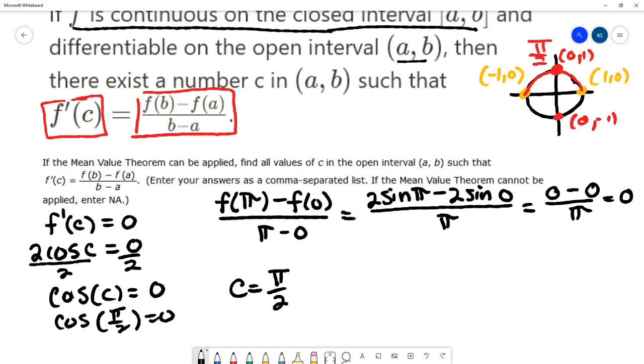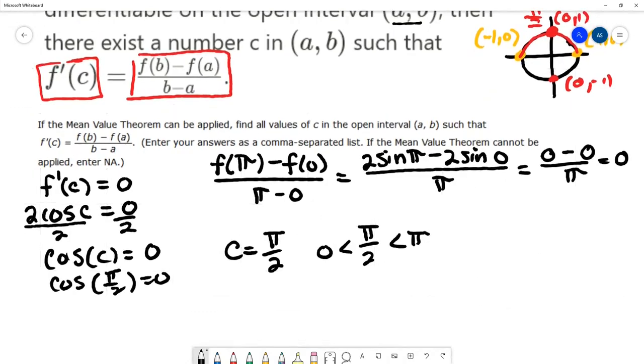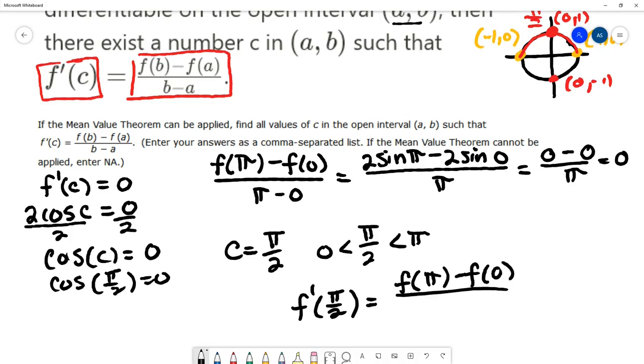So c lies in that interval from 0 to pi, and the derivative at pi over 2 is equal to f of pi minus f of 0 over pi minus 0.